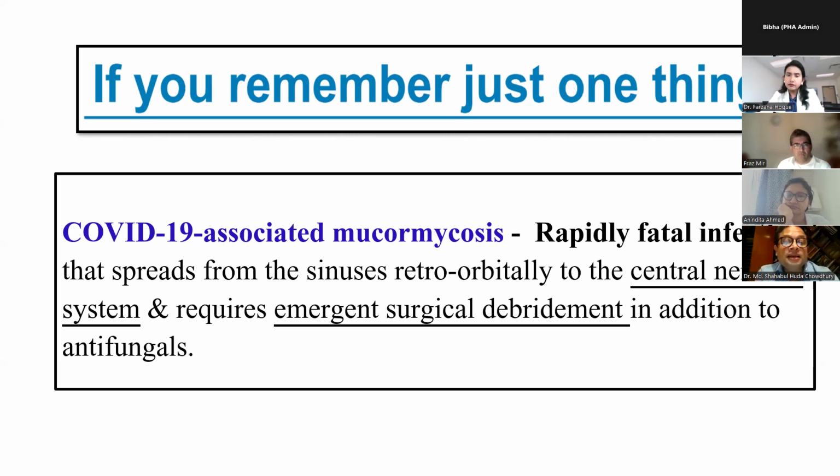We are using amphotericin deoxycholate if possible, but it should not be a replacement for liposomal amphotericin B. Other drugs, isavuconazole or posaconazole, are also used in your country, but they are not available in our country.